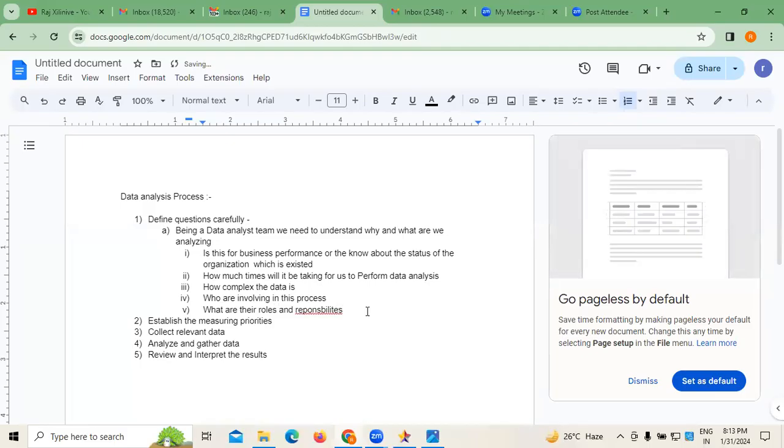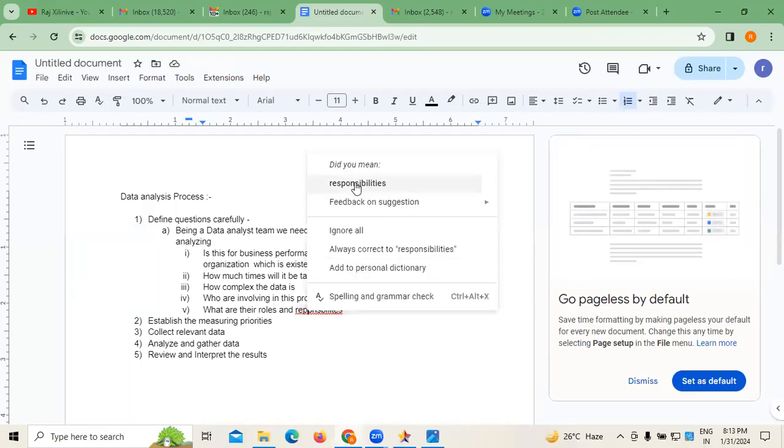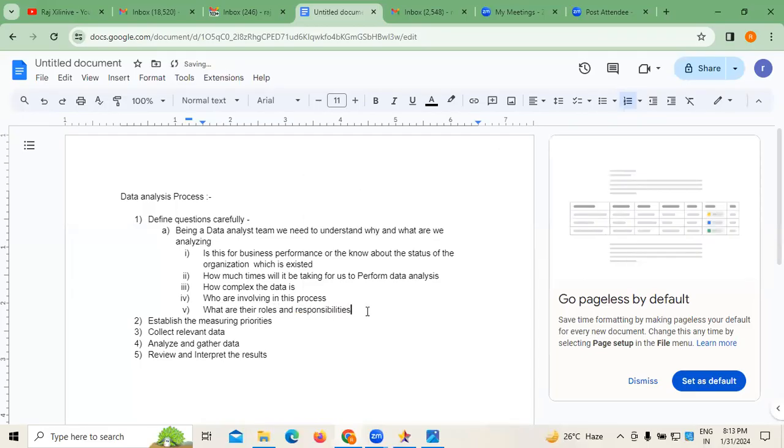Because as I stated in the beginning, depending on the profile and the experience people carry, whatever roles and responsibilities they manage will be different. It will not be the same for all cases, right? Because what roles and responsibilities they are performing may be different from one to another.